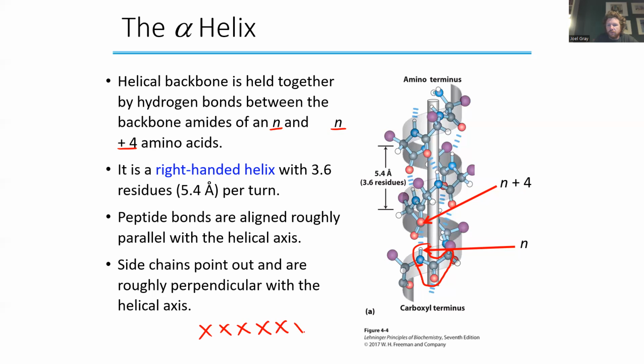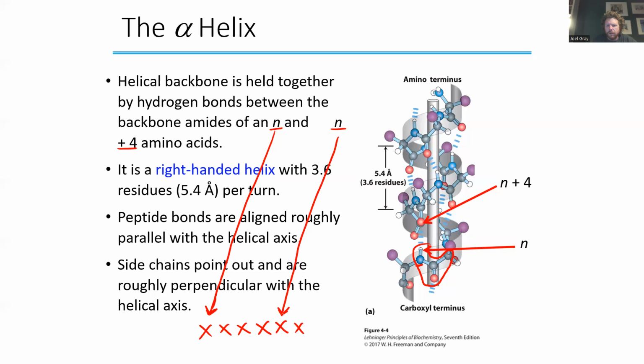Okay, so if you wanted to, I'll put X's to designate, in a linear fashion, what this would look like. Actually, I'm going to draw it like this. That's N. And then plus 4 will be plus 1, plus 2, plus 3, plus 4.